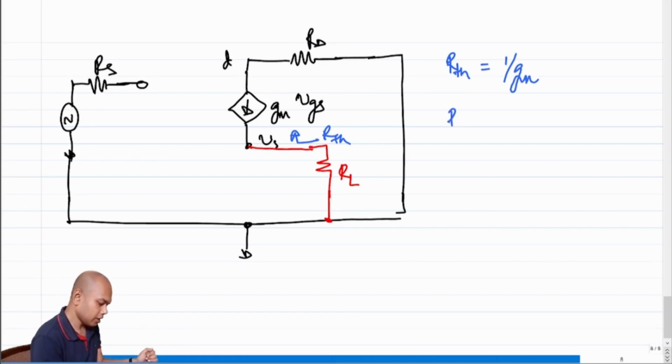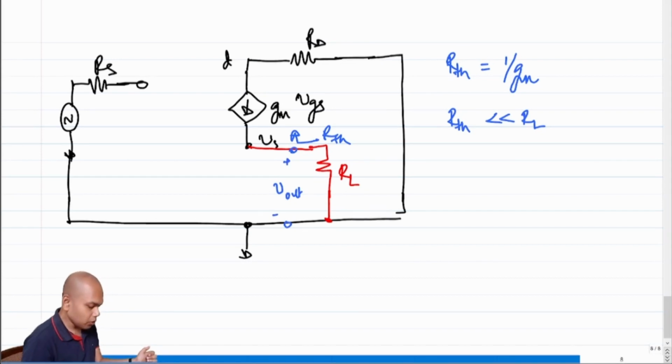In our case, RTH is much less than RL, right? If this is the output terminal, and I'm taking V out from here, then it looks like the output side of the voltage controlled voltage source equation is satisfied.